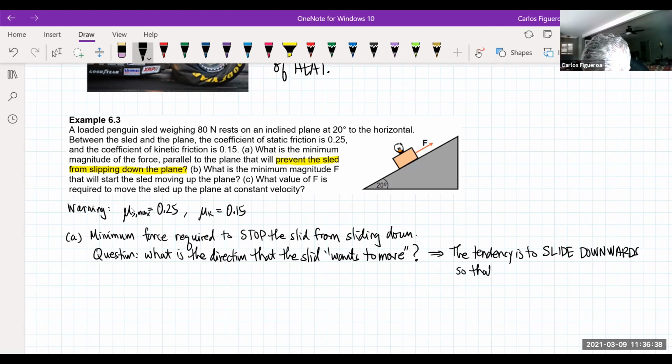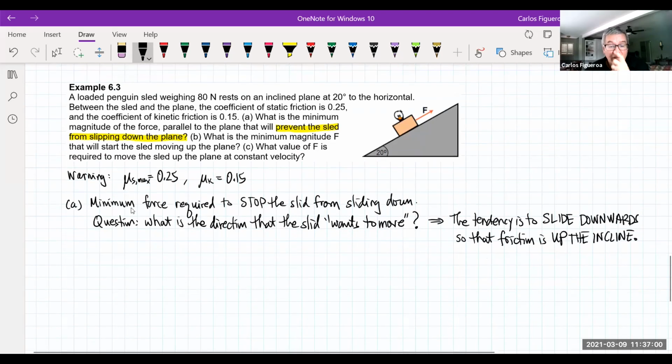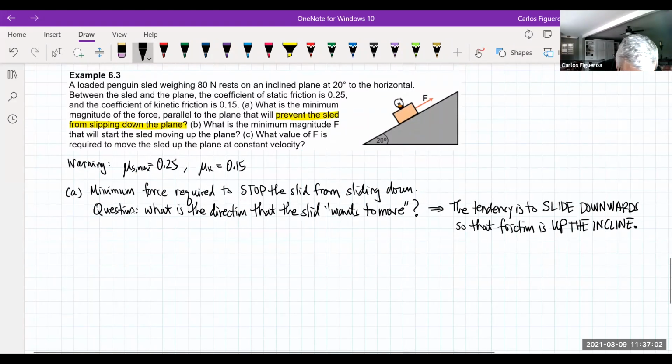So that friction is up the incline. So let's go draw a free body diagram. So here we go. So what I'm going to do here is that I'm going to imagine that I have my incline.